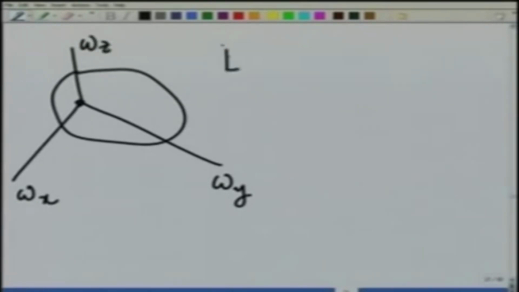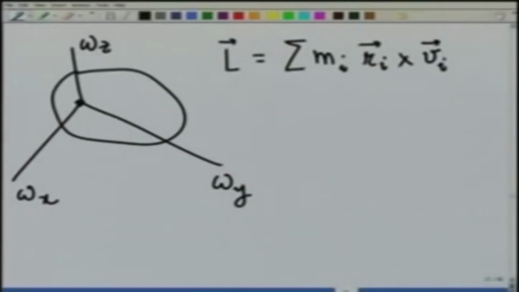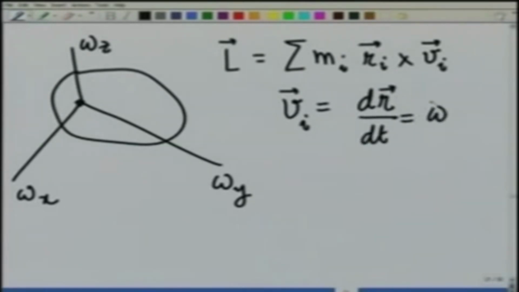The angular momentum vector L is given as summation mi Ri for the ith particle cross Vi, and we just saw that I can write Vi, which is nothing but dr over dt, as omega cross Ri.